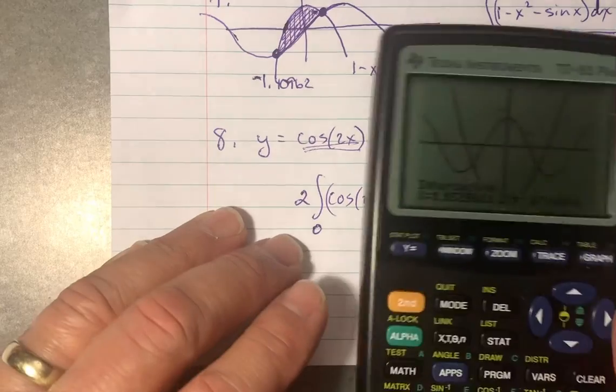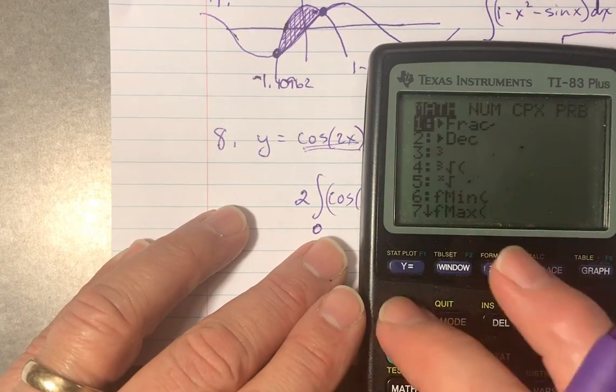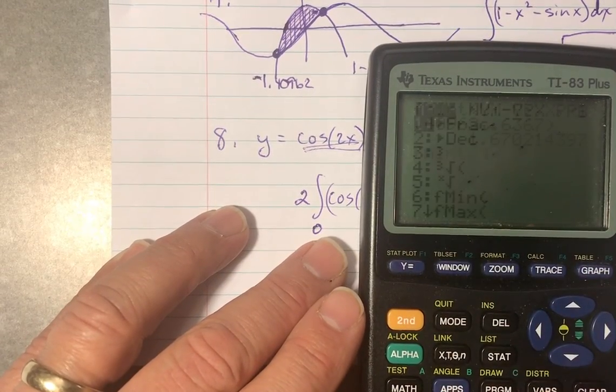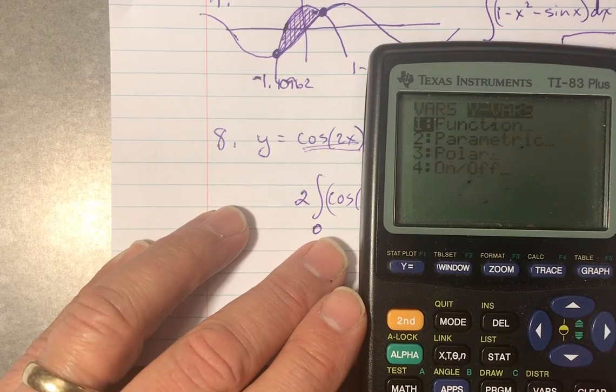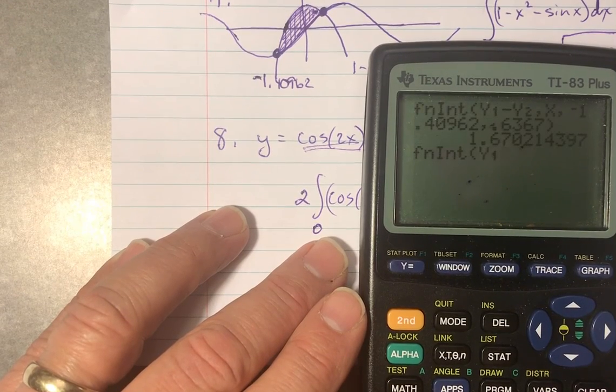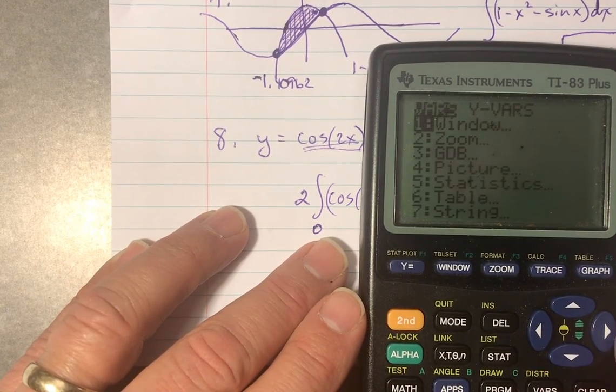So this is 1.15296, and now I'm going to do math 9, fnInt, and again I have my upper minus my lower all set up.